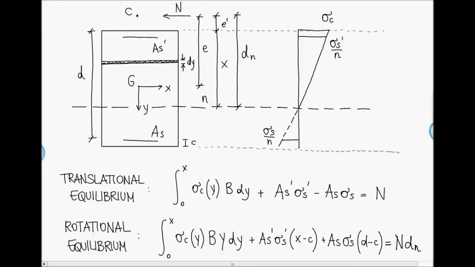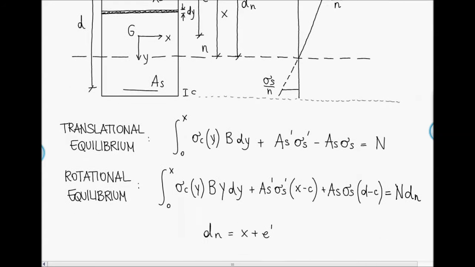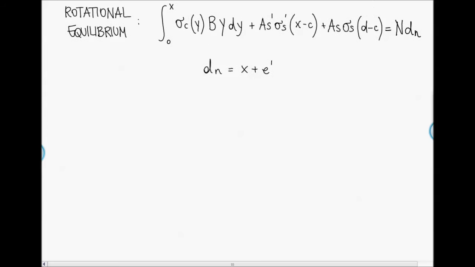Well, because of the linearity of the stress diagram, we may evaluate the stresses in concrete and in the steel with the following formulas. I'll write them here. So we have that sigma c of y is equal to sigma c, which is the stress in the most compressed fiber of the cross section, over x by y. And this is the stress in concrete on a generic fiber.